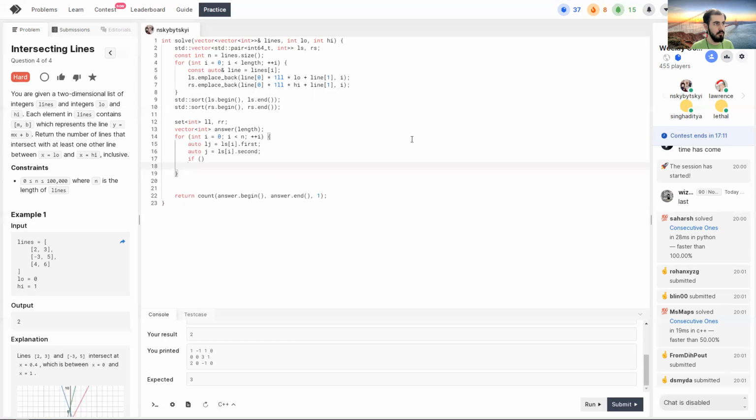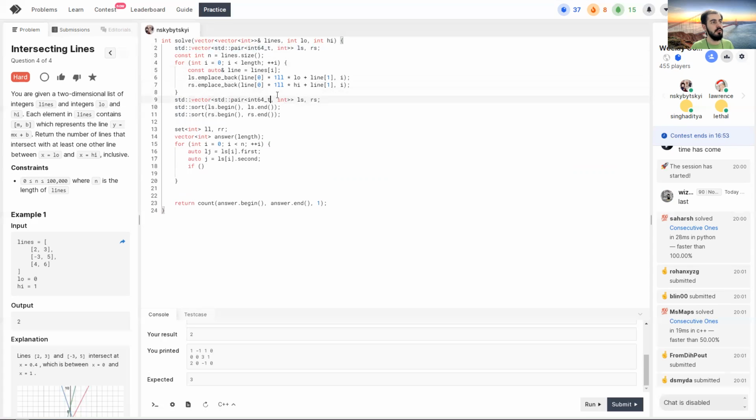Actually, you know what? These are good. I want both sorted and unsorted versions.